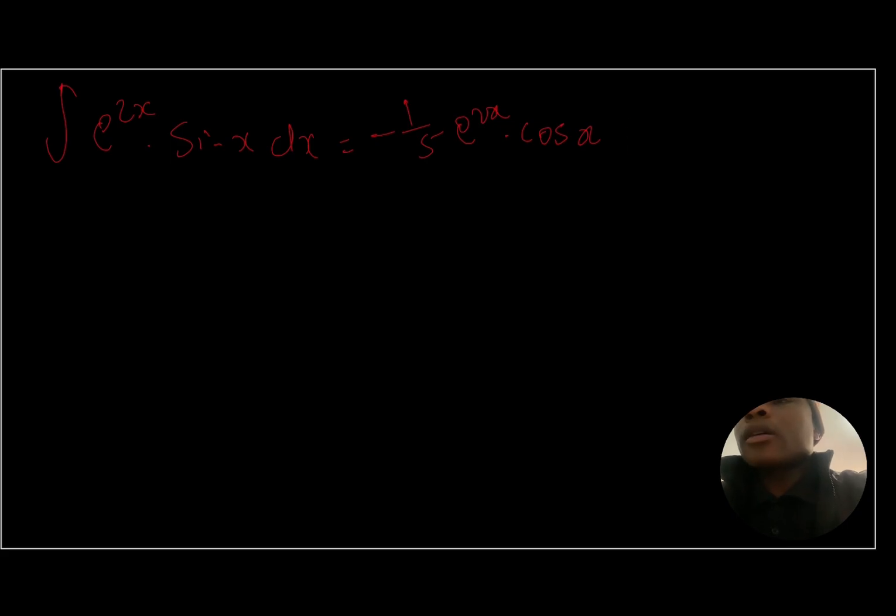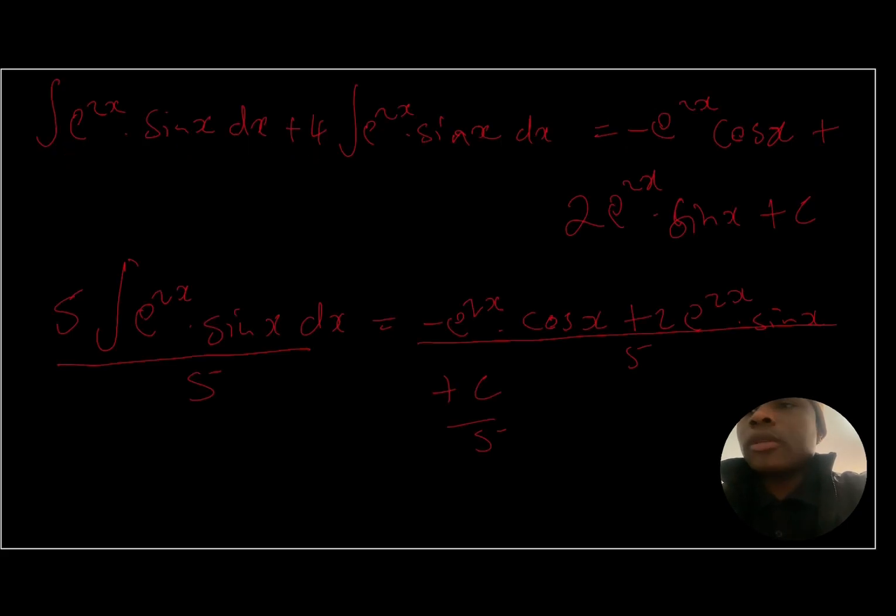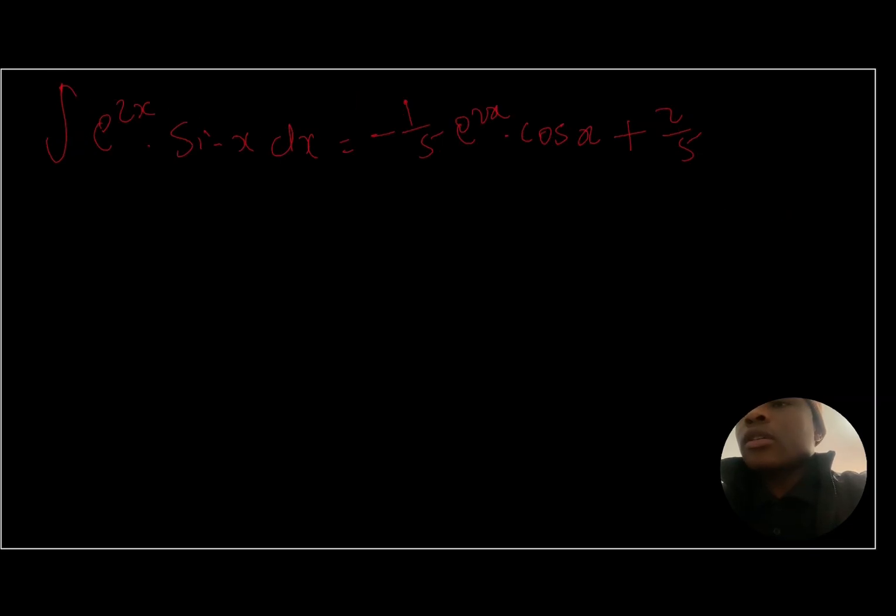Therefore, we'll be left with the integral of e to the 2x times sin x dx is equal to negative 1 over 5 e to the 2x cos x plus 2 over 5 e to the 2x sin x plus c, the constant, right?